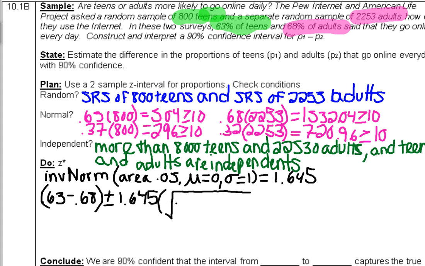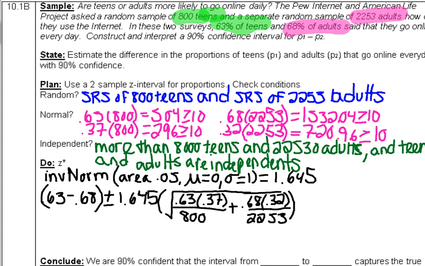So the square root of my first sample, 0.63 times 0.37, all over 800, because that's our sample size, plus, now for our adults, 0.68 times 0.32, all over our sample size, 2,253. And this will give us our confidence interval.